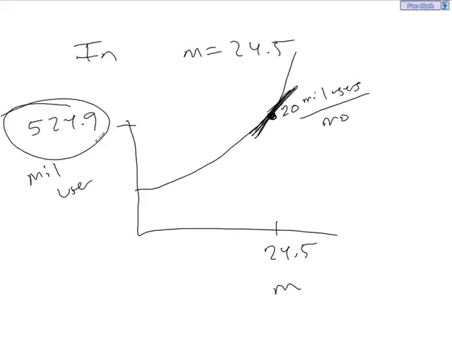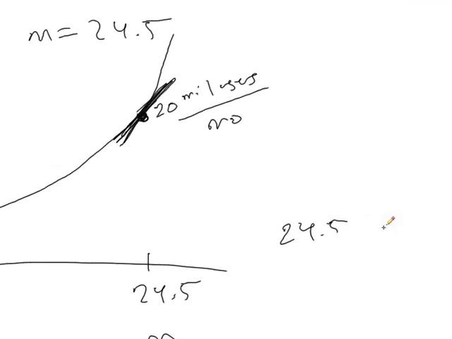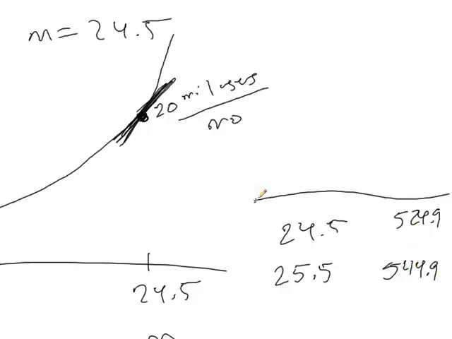So if there are 524.9 million users at 24.5, that means at 25.5, 1 month later, I should grow by 20 million users. So I should have not 524, but 544.9 million users. That is just an estimate based on an instantaneous rate of change, but that's really what I can do with it.